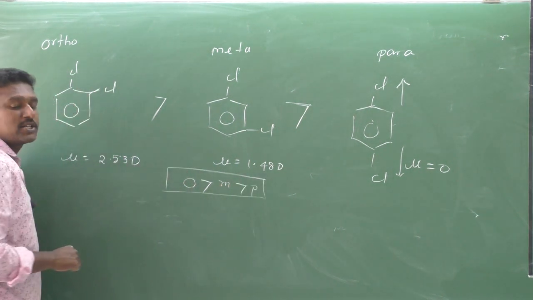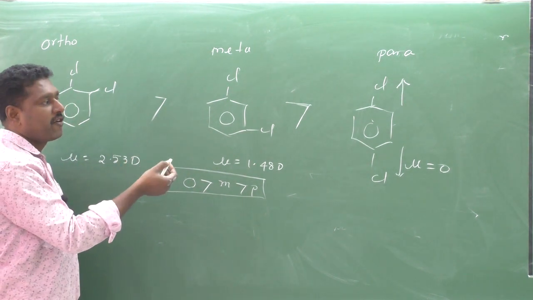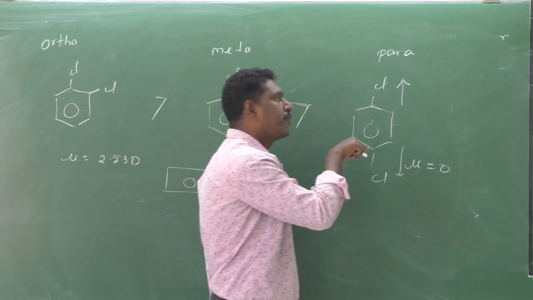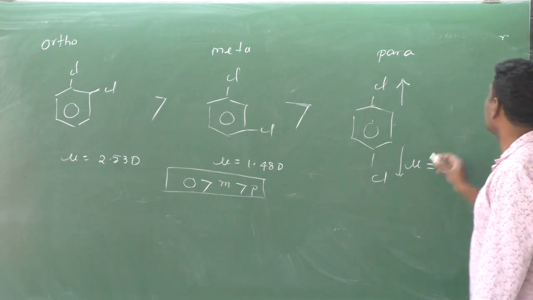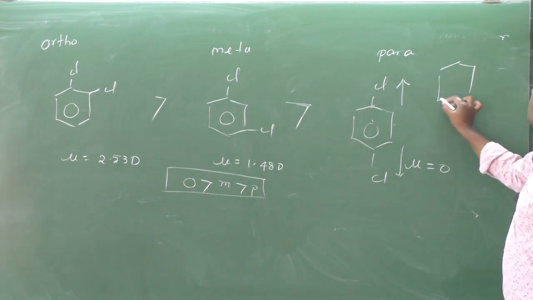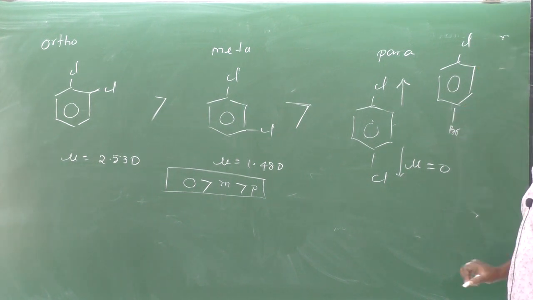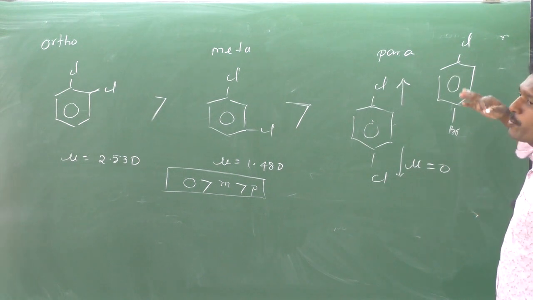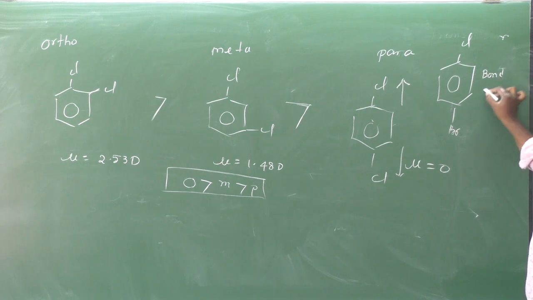So not all para isomers have the same type of mu. I will take one example. Here the same groups are there, chlorine, chlorine. But if instead of chlorine we take bromine, the bond moments are not cancelled by each other.